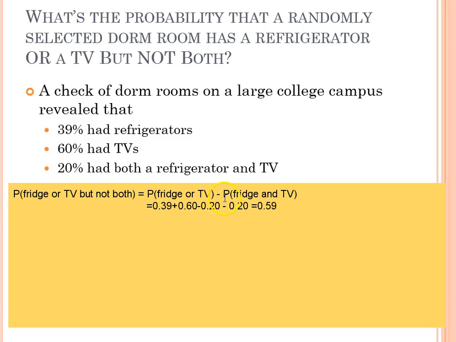But we want to subtract out the people that have a fridge and a TV, and that's 0.20. So we're subtracting them out twice because, again, we've counted them twice in these first two numbers. And so the final answer is going to give us 0.59, which is the correct answer.